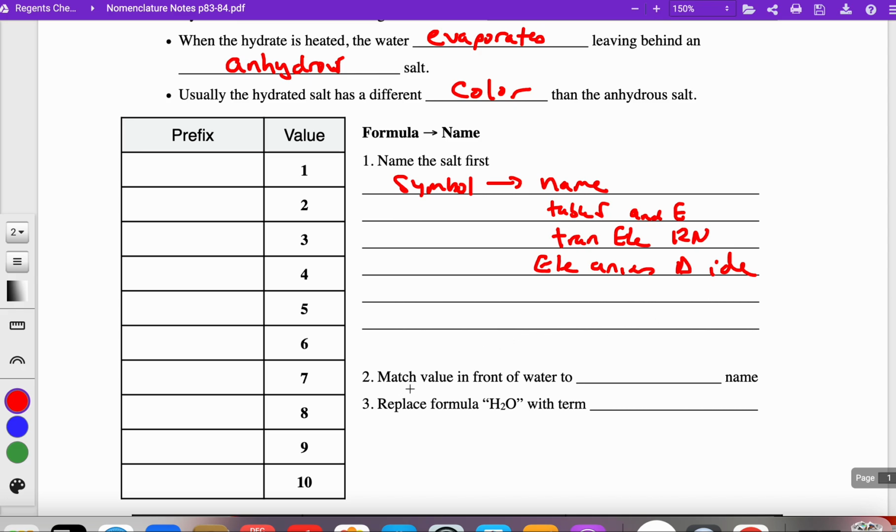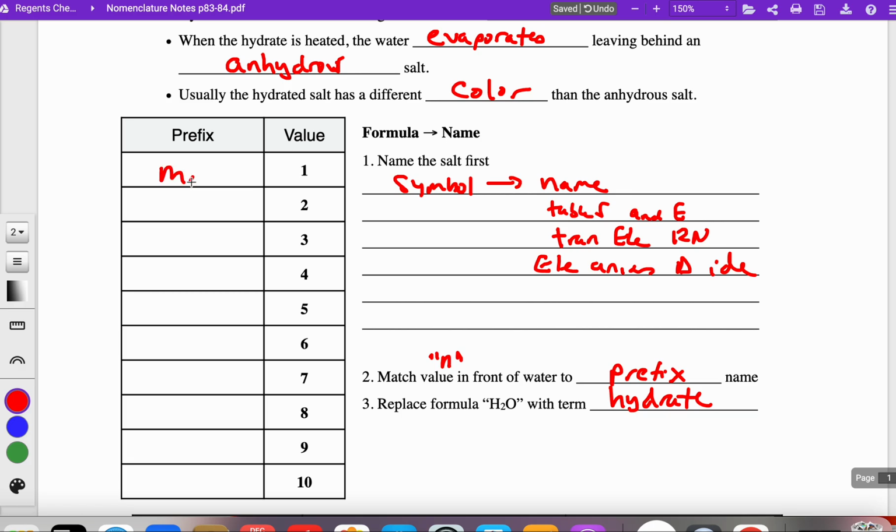Once you're there, match the value, what I have as N in front of the water molecule, to the correct prefix name. And then we replace the formula H2O with the term hydrate. Now, the prefixes. We know these. These are the Greek prefixes.